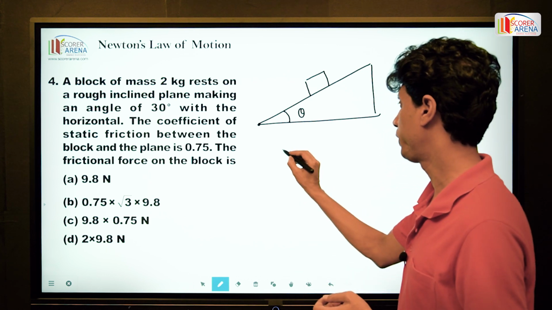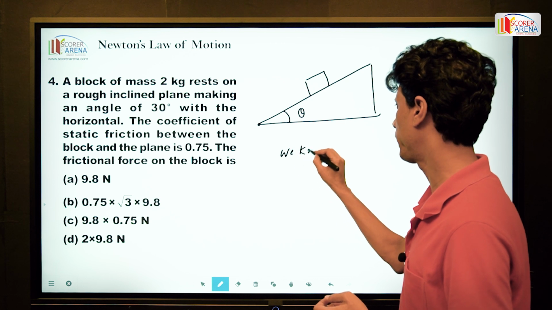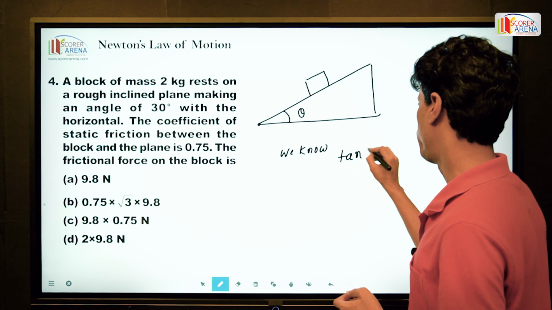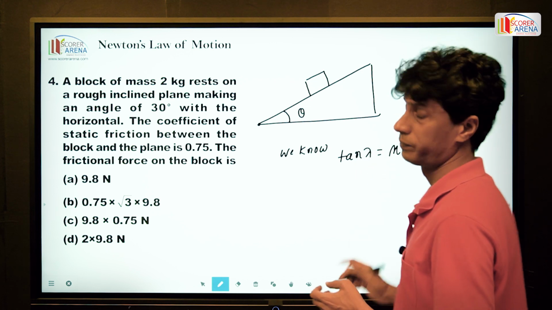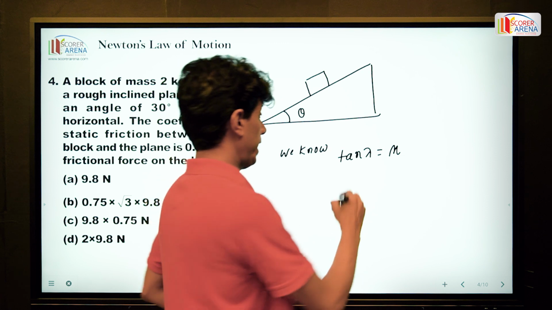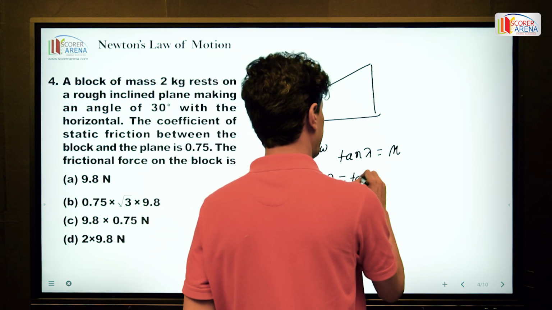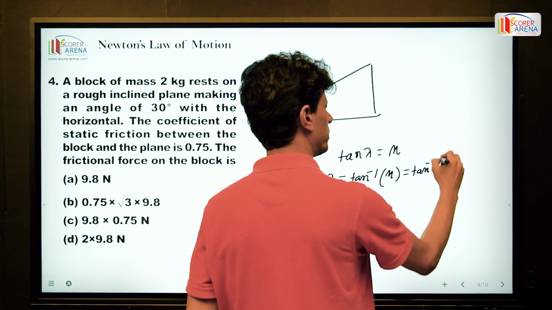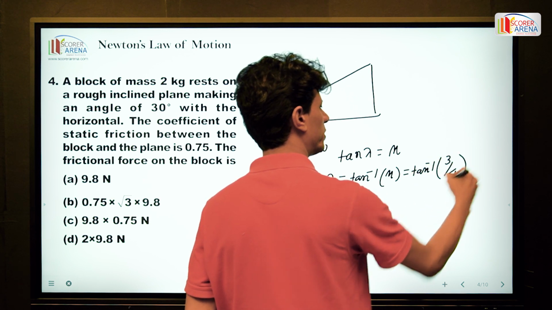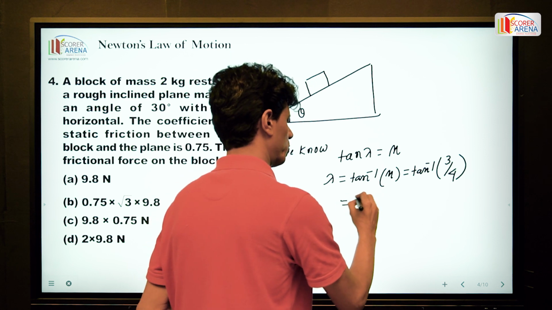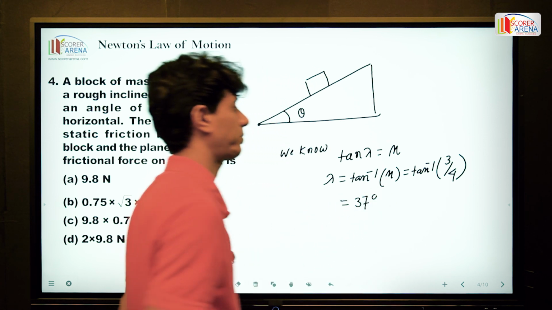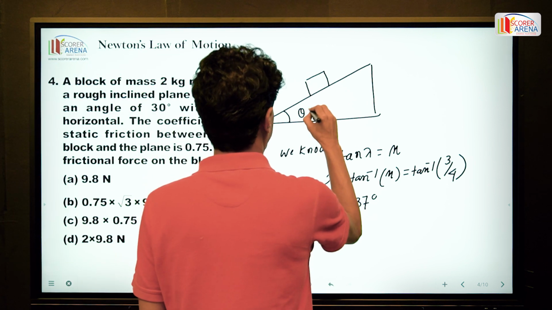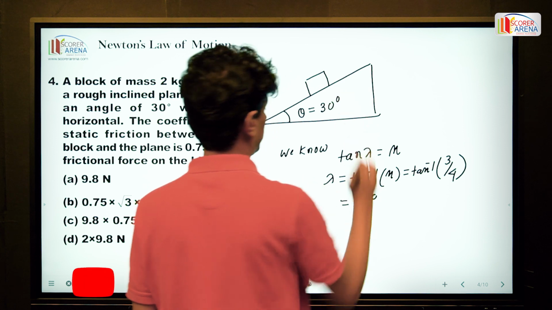We know the angle of friction: tan lambda is equal to mu, and lambda is equal to tan inverse mu, and this is tan inverse 3 by 4, and lambda is equal to 37 degree. This angle is 30 degree.